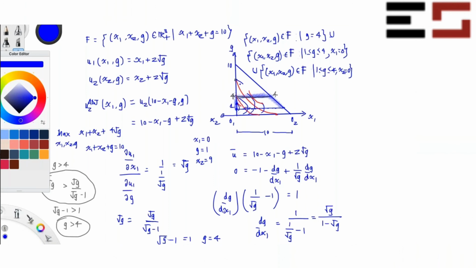So let's do that quick check. At this point, x1 is 0 and x2 is 6. So the sum is 6 plus 4 times the square root of 4, which is 6 plus 4 times 2, which is 14, right?